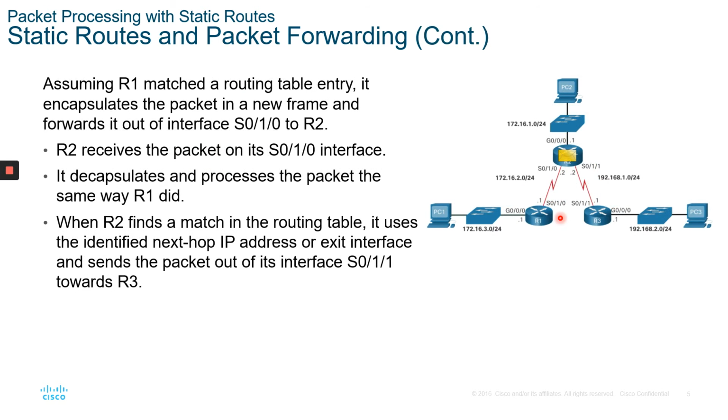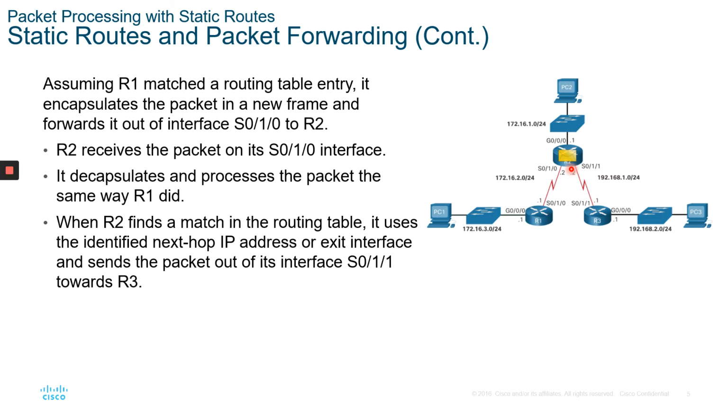Now we're going to assume that R1 has found an entry in the routing table, and that entry belongs to R2, so it will simply send that message to R2 on the interface S0/1/0. Once R2 receives this message on that interface, it will perform the same sort of activity as R1 did.